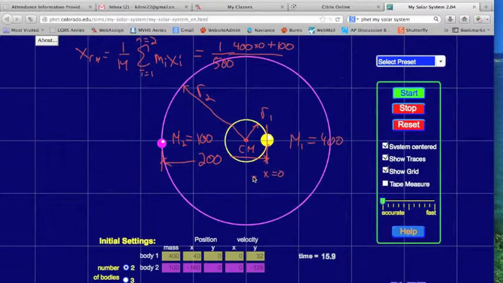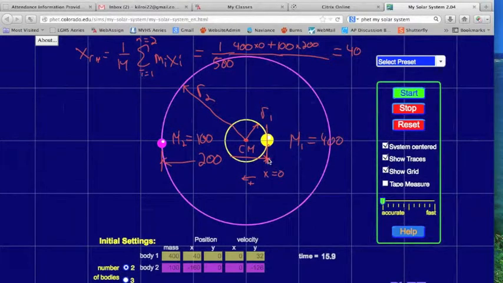I'm saying this is x equals 0 and this is the positive side. You could wait till this guy's on the other side if that bothers you. So it's 100 times 200, and so I get 40.